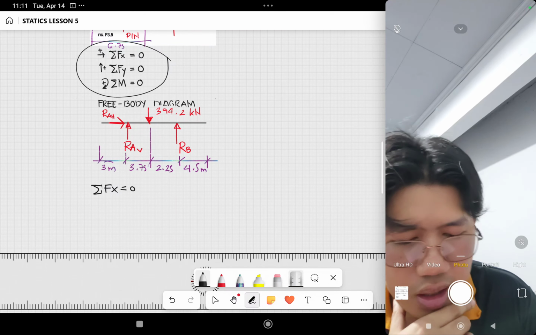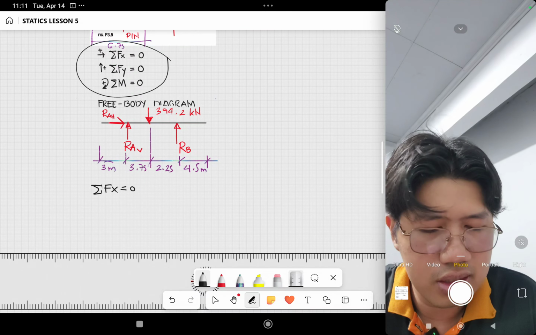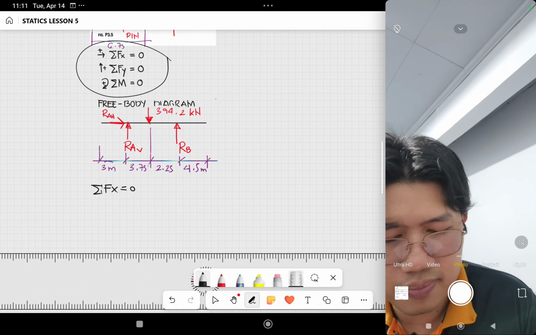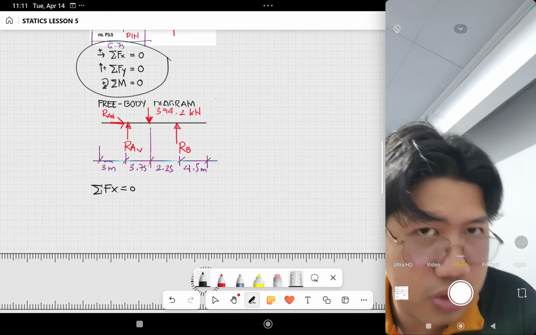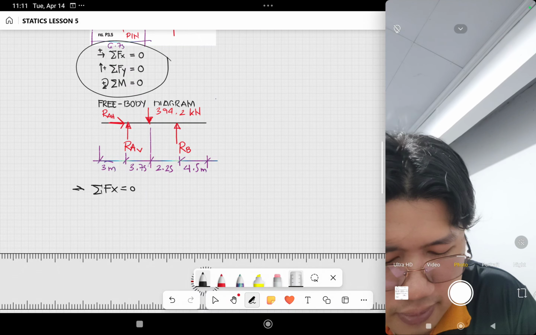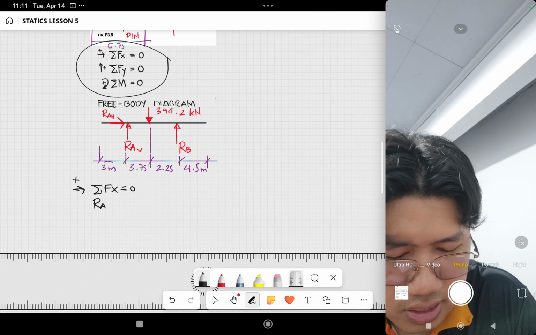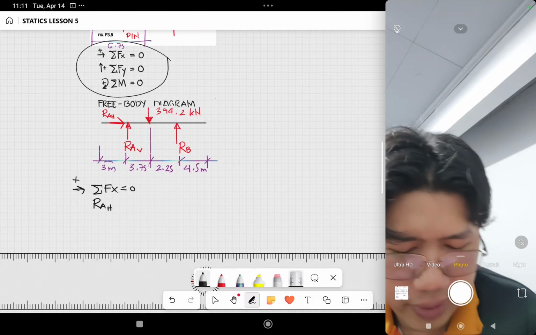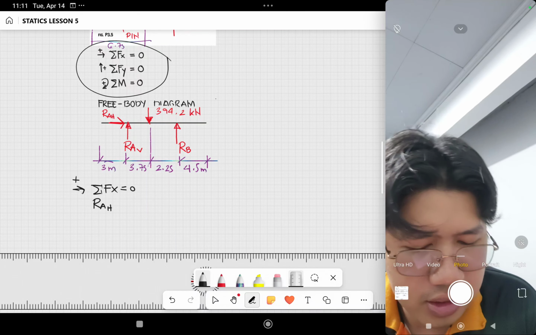So, what are the horizontal forces that are reflected in our free body diagram? So, una, we have RA in the horizontal component, or RAH. RAH, ano pa? So, that is towards the right, so that is positive. Meron pa ba? Wala na.